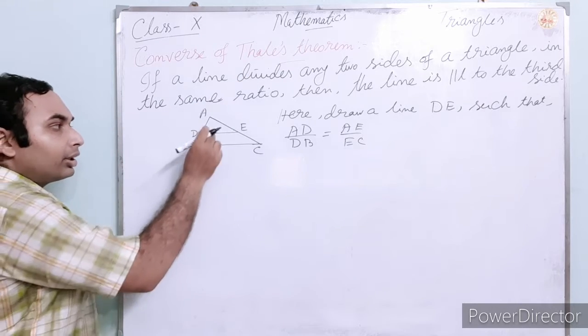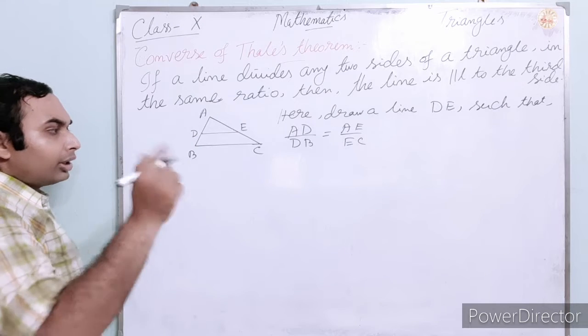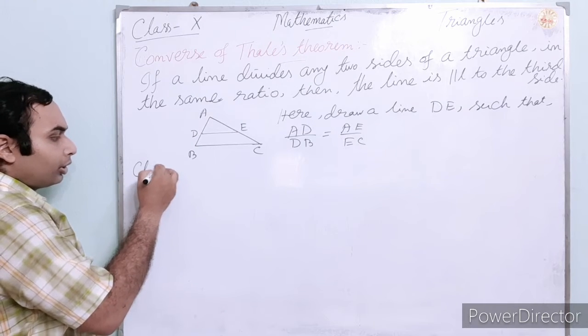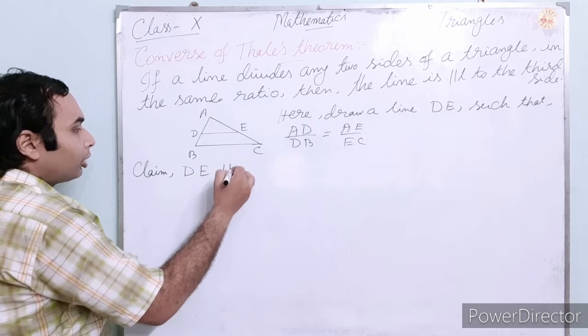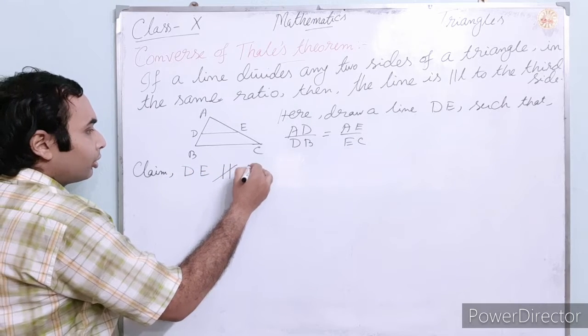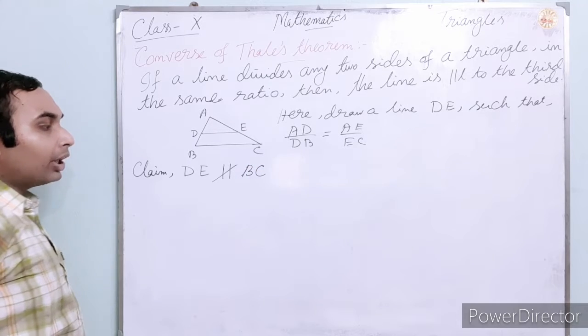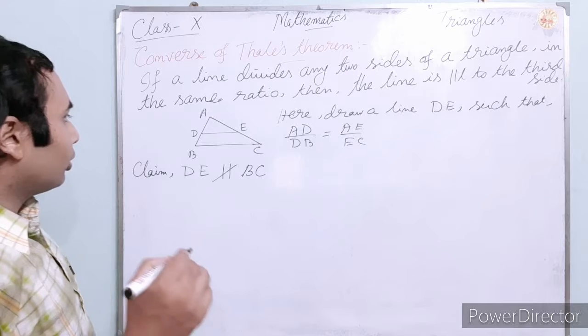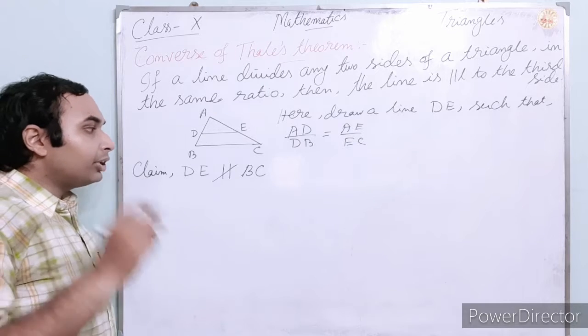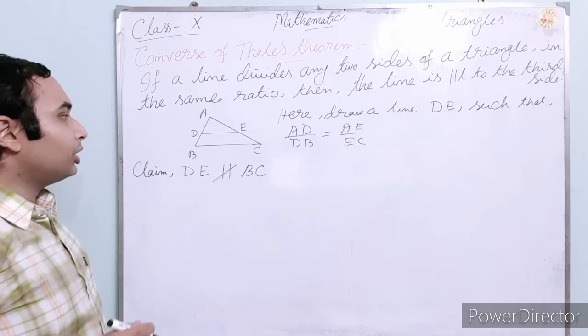We have to check whether this is parallel or not. Claim: DE is not parallel to BC. We are claiming that DE is not parallel to BC. So what will happen? The proportion holds, but DE is not parallel to BC.